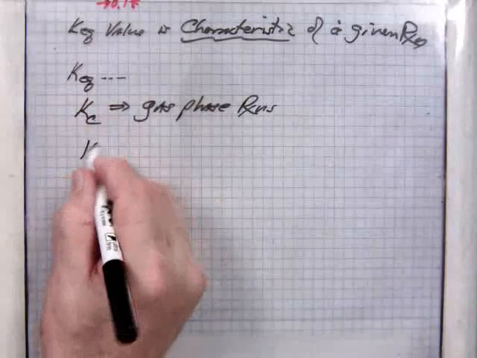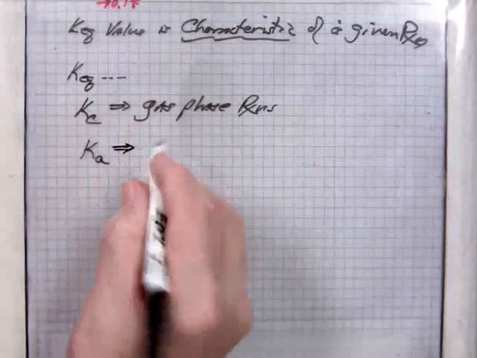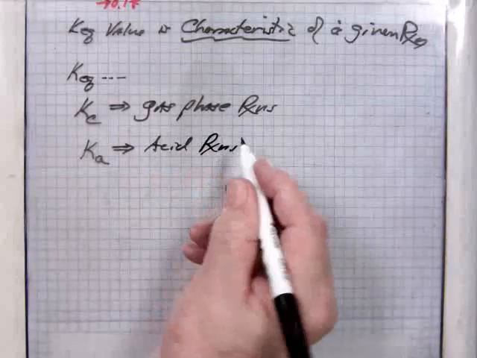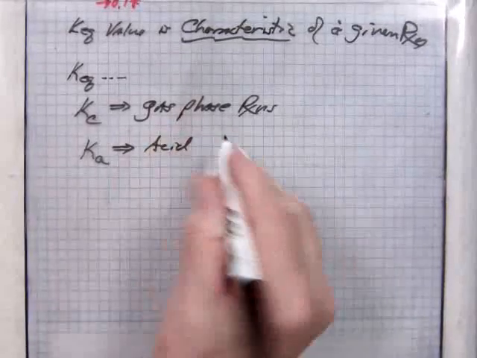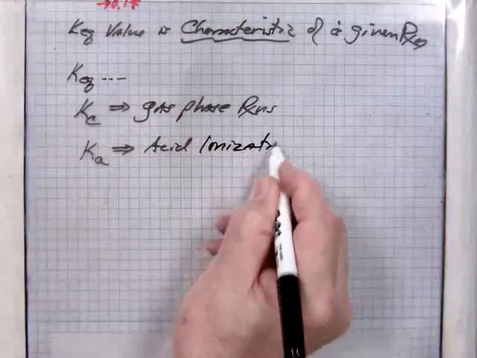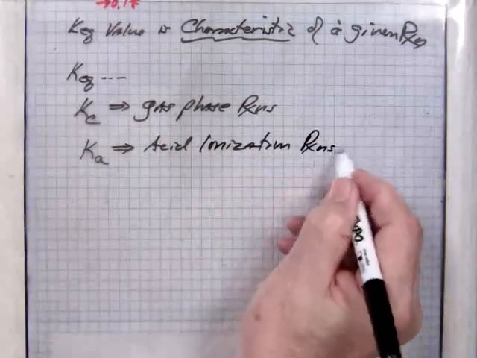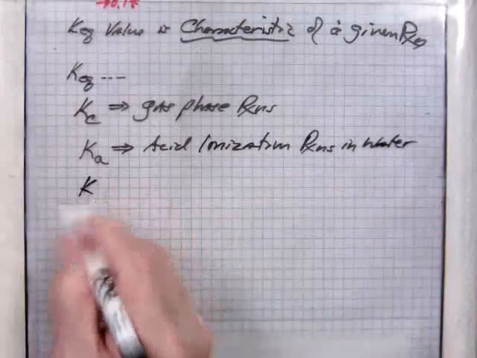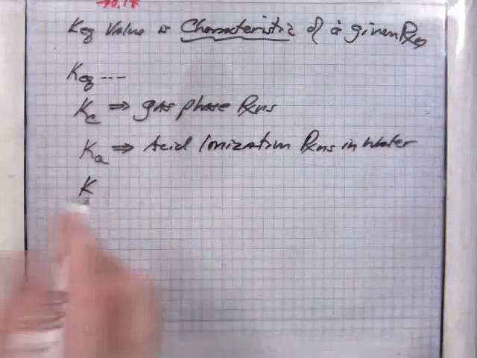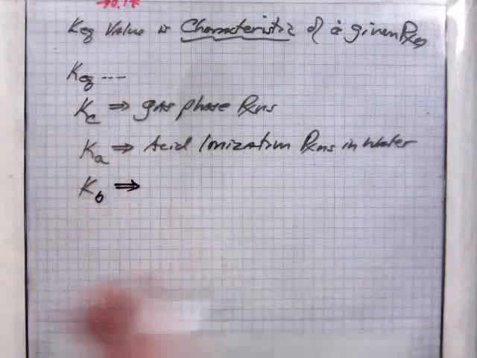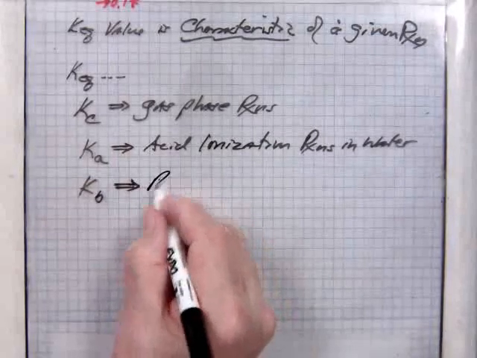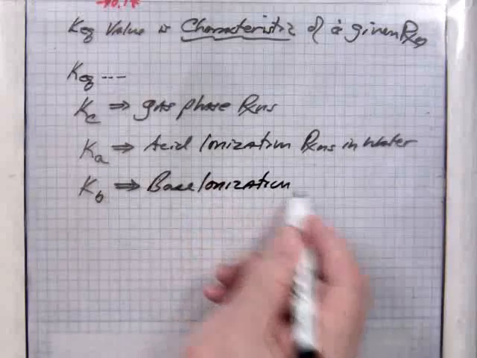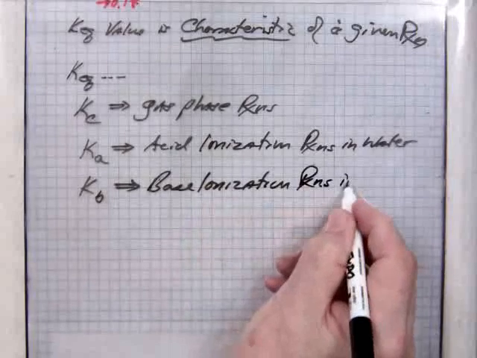It would be listed as a Ka value for acid ionization reactions in water. And if you're studying a weak base, it would be listed as a Kb. This would be base ionization in water.